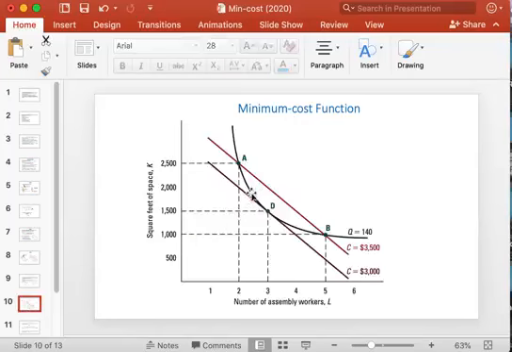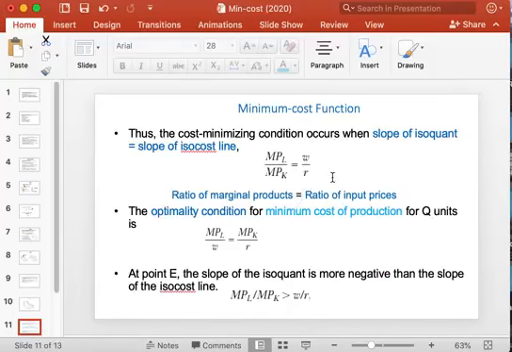When the isoquant is just tangent to this isocost line, at this point the slope of the isoquant is equal to the slope of this isocost line. So we can write: at the cost minimizing condition, the slope of the isoquant line is equal to the slope of the isocost line.